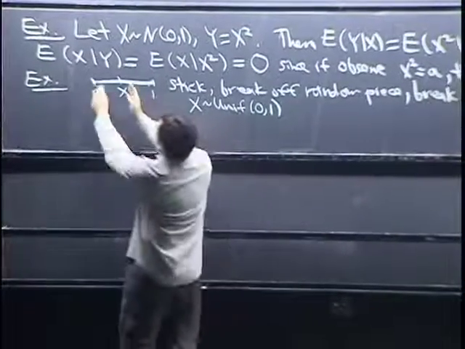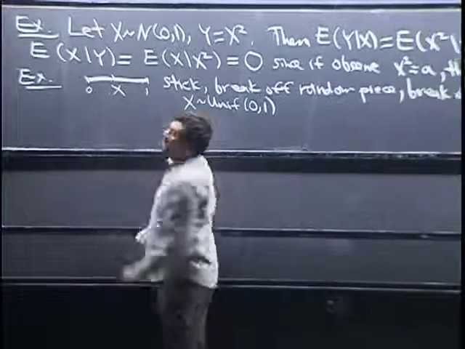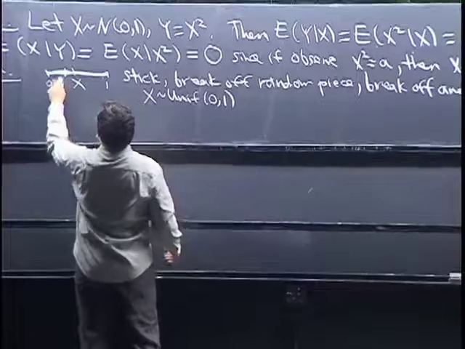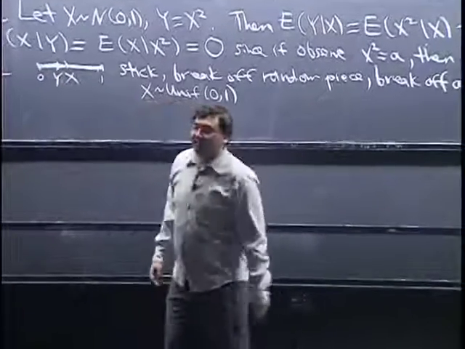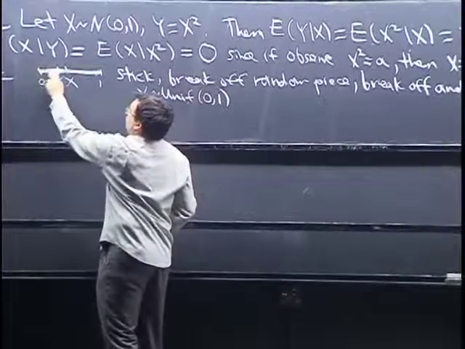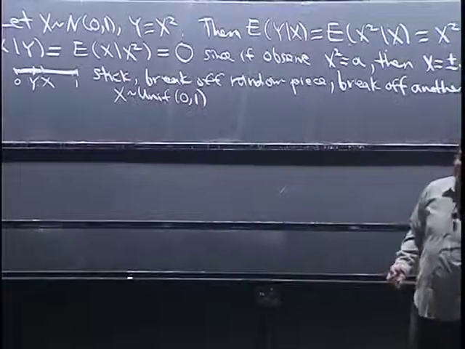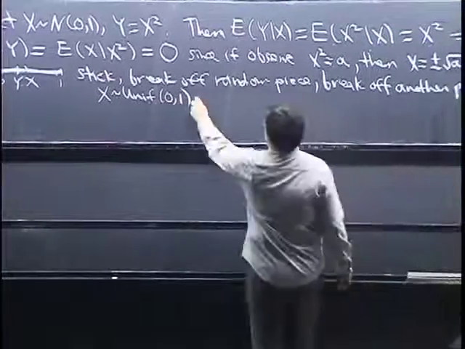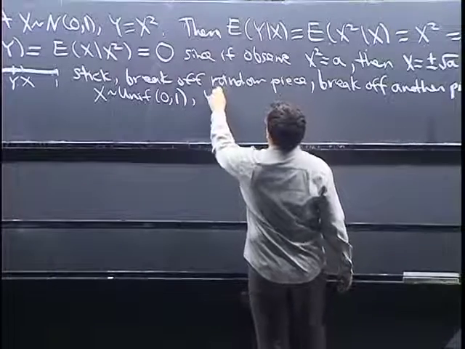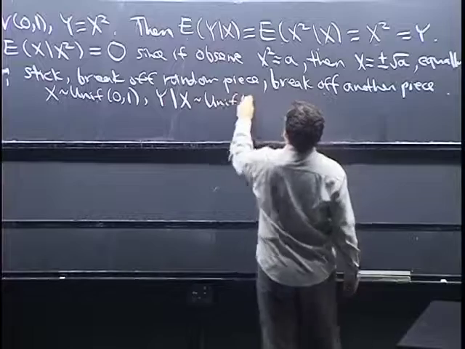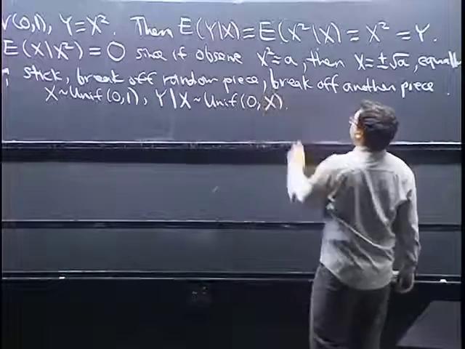And then now we just have this piece from 0 to x, then pick a random break point in this piece. Let's say, there, that's y. Okay, and the question is then what's the length of this piece, right? Or the distribution or the conditional expectation, that kind of thing. So to write that out conditionally, we would just write y given x is uniform 0, x.